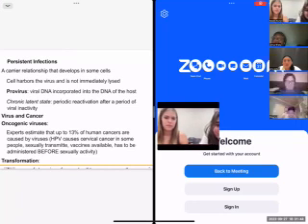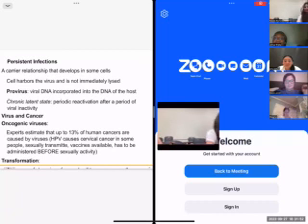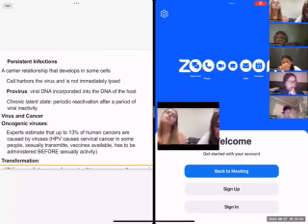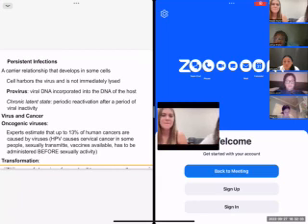Viruses and cancer. Experts estimate that up to 13% of human cancers are caused by viruses.